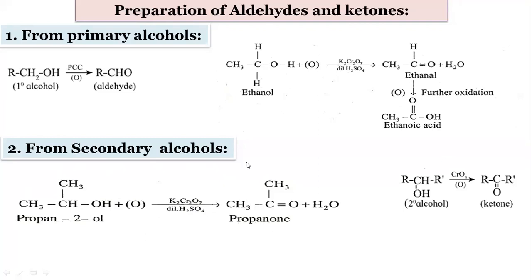This is propanone, and the common name is acetone. This is a very good example. Also, you can use CrO3, chromium anhydride, as an oxidizing agent. So from primary alcohols you can prepare aldehydes, and from secondary alcohols you can prepare ketones.